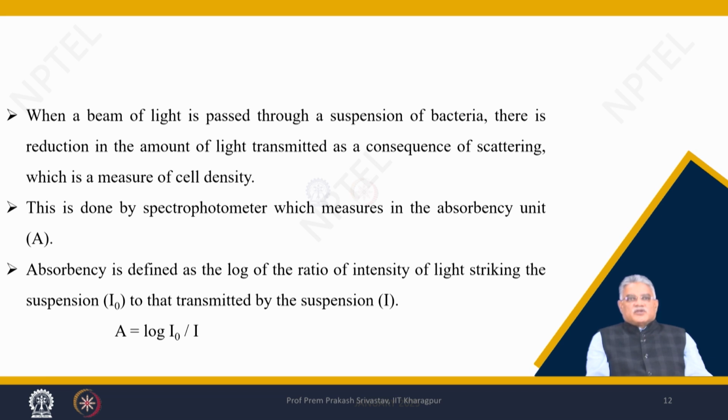This is done by a spectrophotometer, which measures in the absorbency unit, that is A. Absorbency is determined as the log of the ratio of the intensity of light striking the suspension, that is I0, to that transmitted by the suspension, that is I. That is, A is equal to log I0 by I.